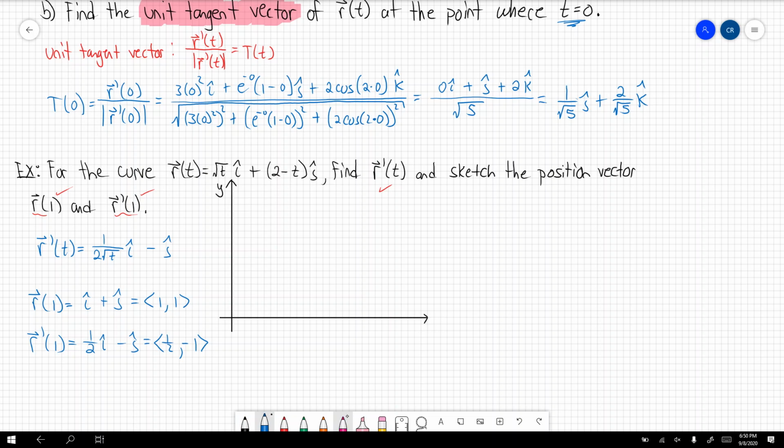Let's do this in a different color, shall we? I don't know what this color is. It looks like pink to me, so we'll go with pink. So 0, and I need a scale here. There we are. Okay, perfect. And then what we'll do is we'll go up 1 as well.